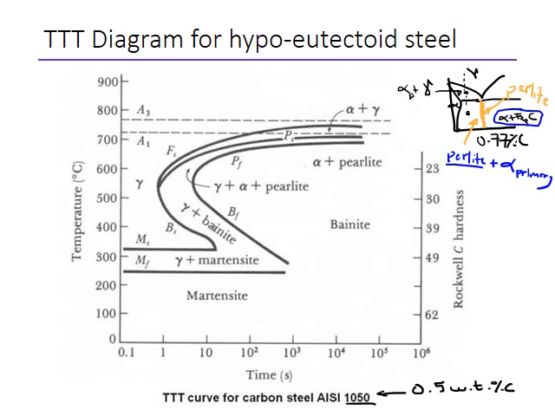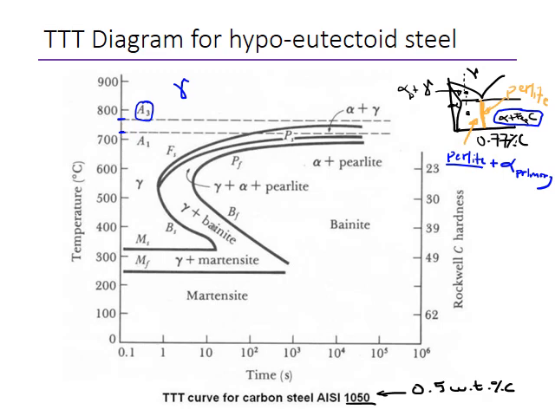So in this diagram, we can see that above 727 Celsius, which is this temperature, we have what we call the austenite region. You can see this as a new reference, the A3 line. In this case, it is just to refer that we are fully into the austenitizing temperature.